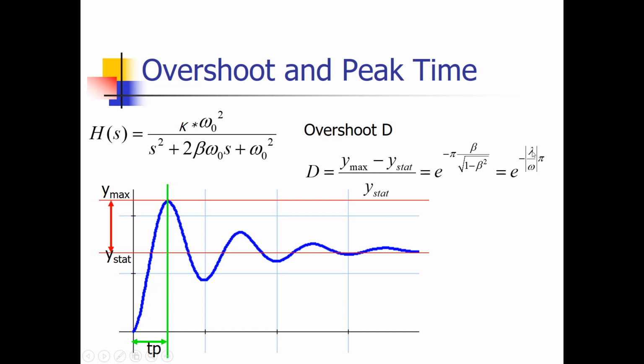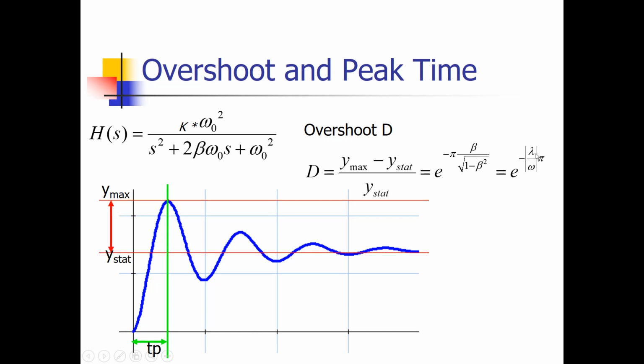So when you know the pole locations, then you can also predict what the maximum overshoot will be, because, as I said, it's equal to e to the power, with a minus, the absolute value of the real part of the pole divided by the imaginary part of the pole, multiplied with pi.